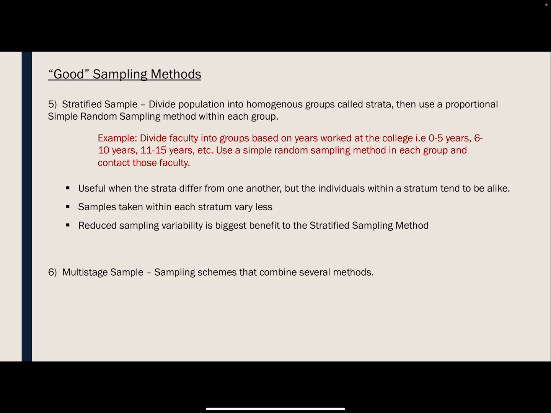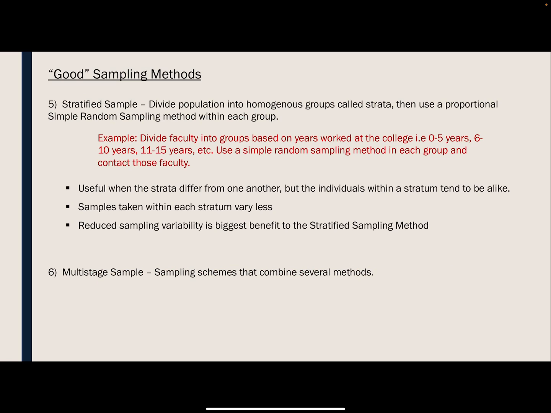Okay, so this is really good when the strata differ from each other, but the individuals within each group, within each stratum, tend to be alike, because then the samples within each of those groups tend to vary less.